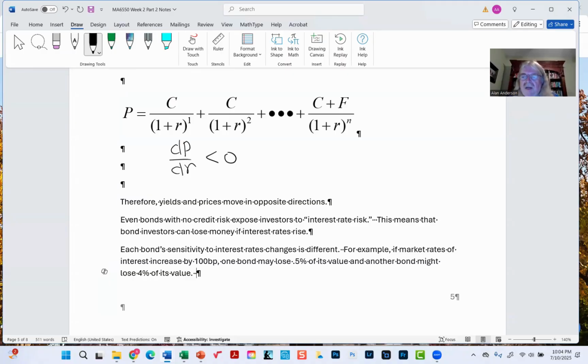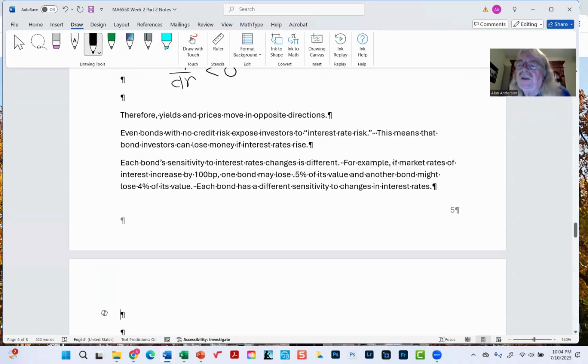Okay, so each bond has a different sensitivity to changes in interest rates. And so therefore, it's important to have a measure that we can use to compare them with each other directly.